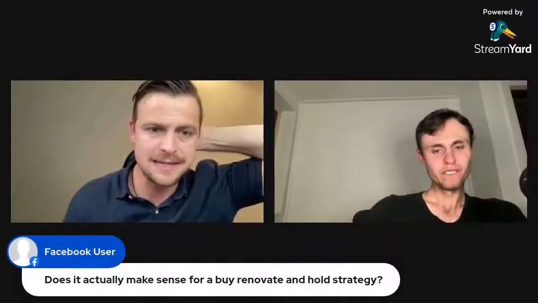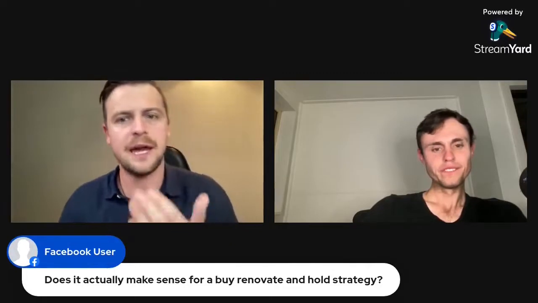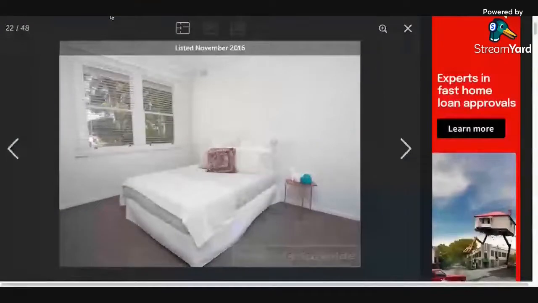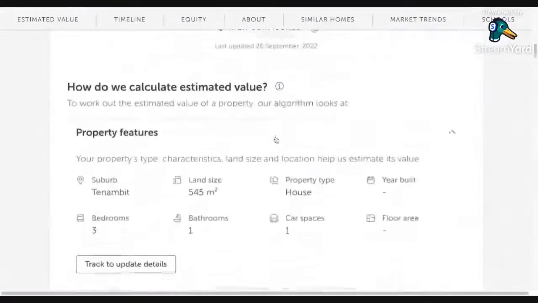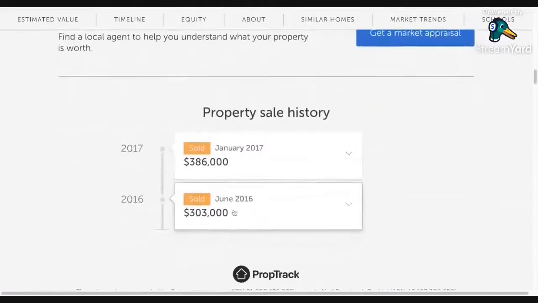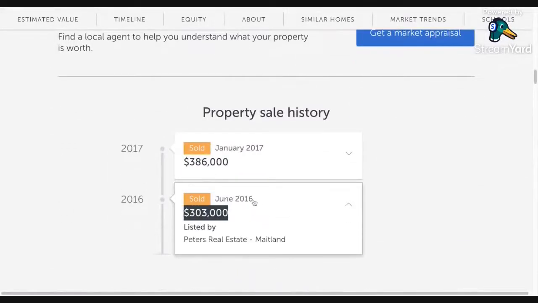Does it actually make sense for a buy, renovate, and hold strategy, for what you've done? Yeah, let's go back to our example in Newcastle, and I'll show you. Of course, we've had an absolute bull market in property, so let's not pretend that this is always going to happen. But you've essentially bought this property at 303,000 back 6 years ago.